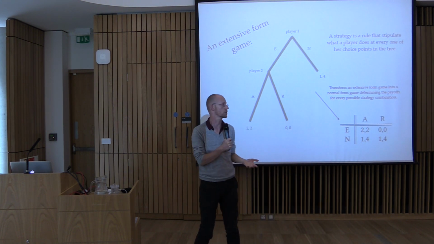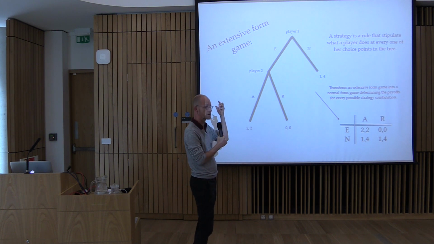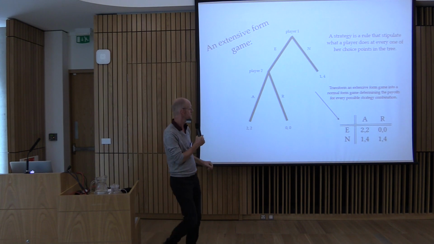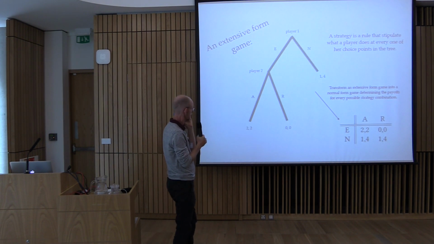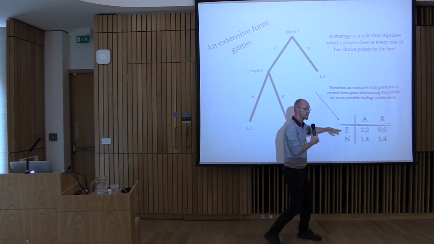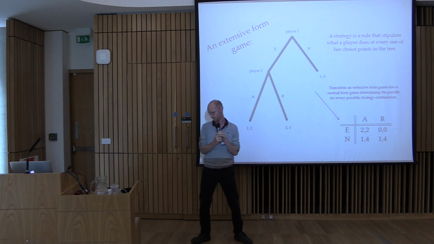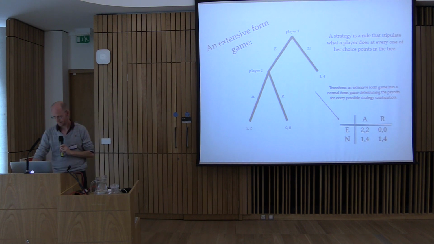So you can think of it as an extensive form game, but you can also rewrite it as a strategic form game. And then we can just analyze it as we always did in terms of Nash equilibria.